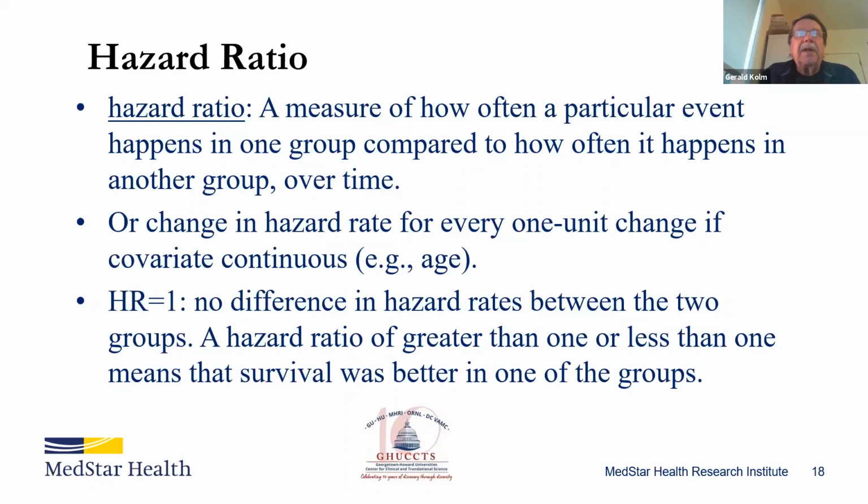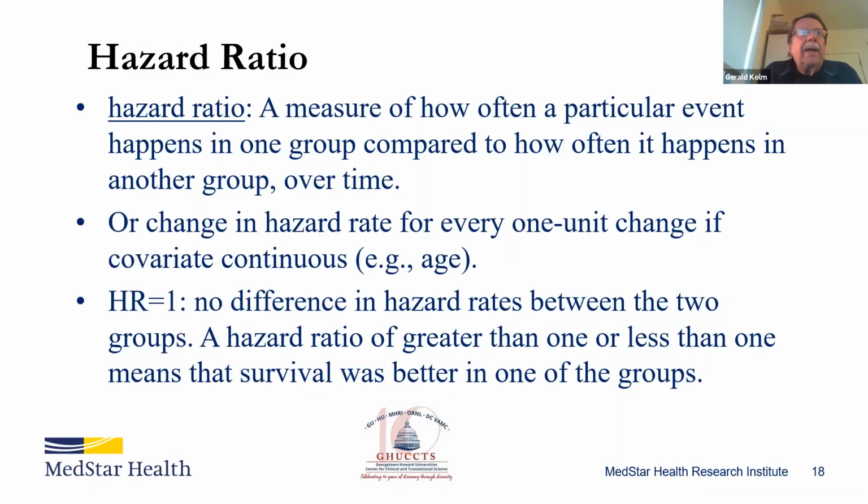So for example, if the covariate is age and we analyze that as continuous, then we can also calculate a hazard ratio for every increase of 1 unit, or 10 years, or 5 years of age, whatever we want to express that in.